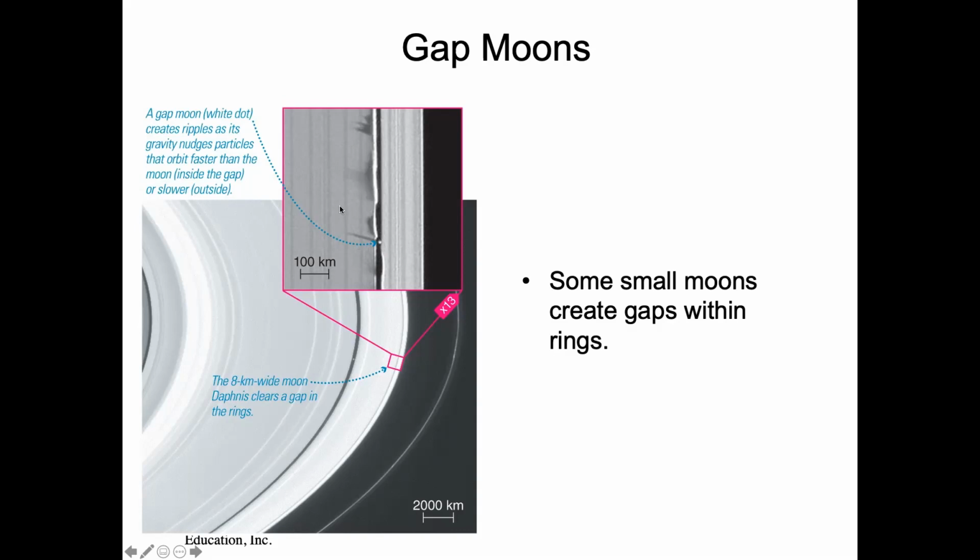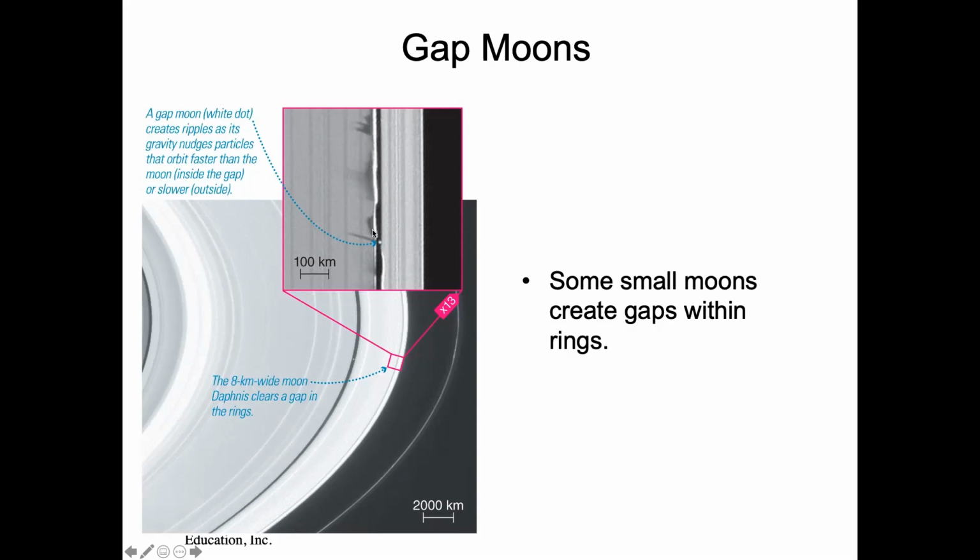And what we notice is that the gap moon actually creates these little ripples on the inner and outer gaps, where the gap moon's gravity is causing the particles that are on the inside of this gap to slow down a little bit, as they're moving faster than the gap.